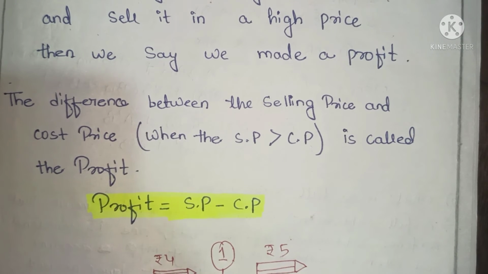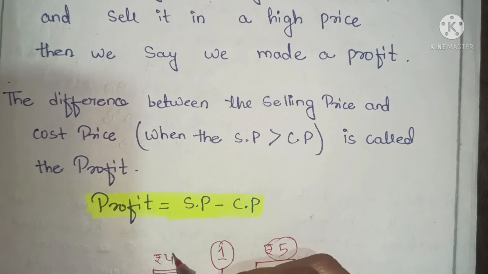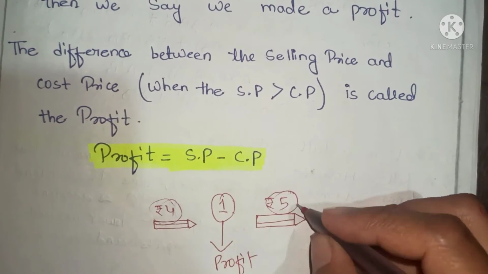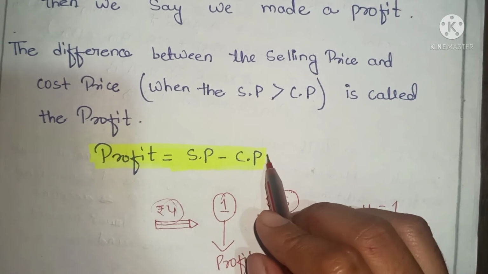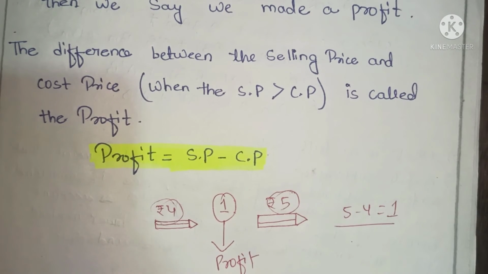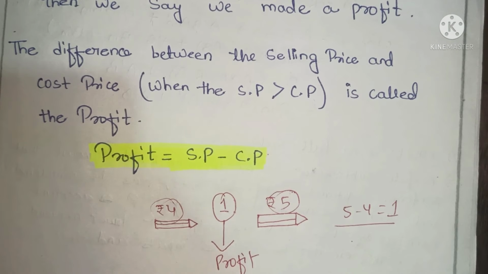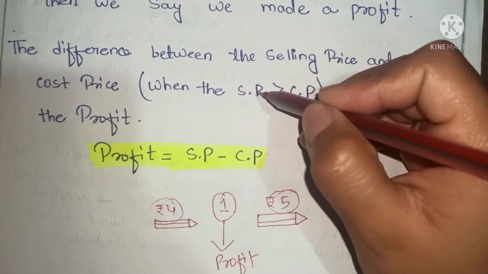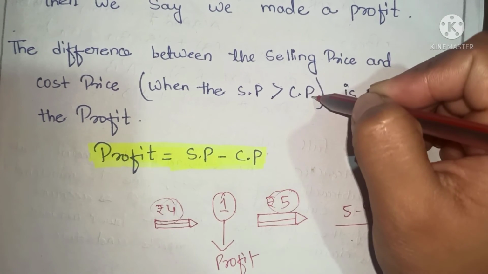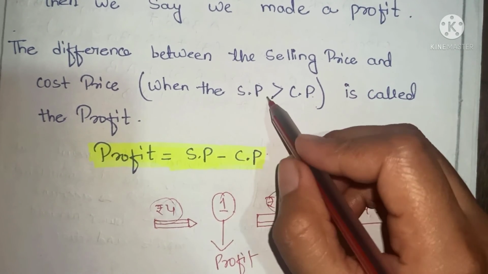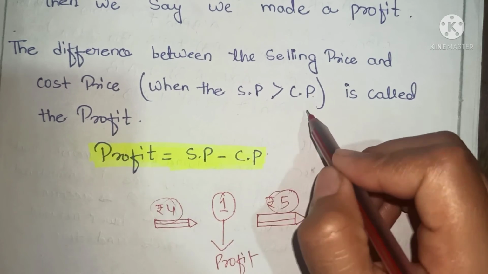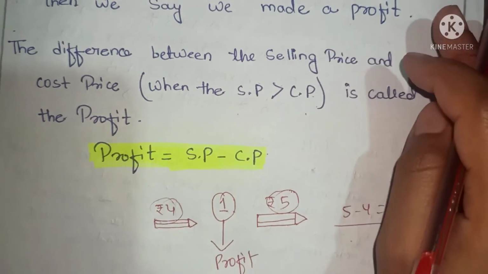That means selling price minus cost price. 5 minus 4 is 1, right? Now, when can we say that we made a profit? When our selling price is greater than the cost price. Okay? So this you have to remember. If the selling price is not greater than the cost price, then it is not a profit.